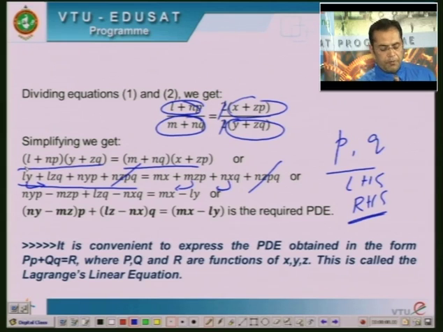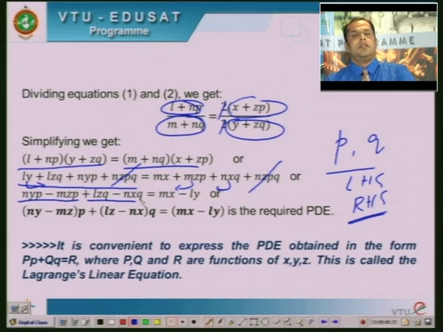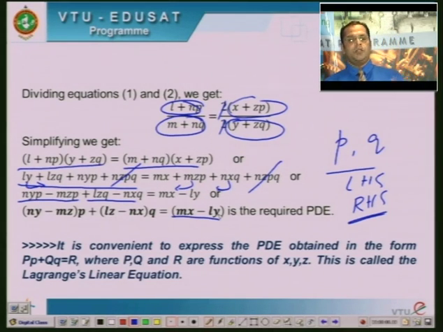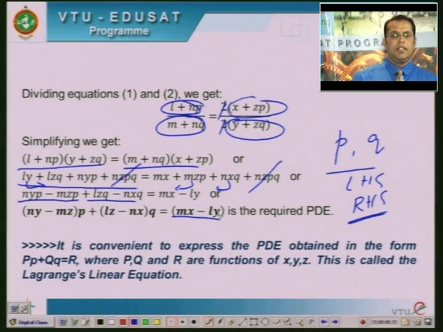Finally, these two terms have p common and these two terms have q common. So, you have (ny − mz)p + (lz − nx)q = mx − ly, which is the required PDE. Observe that this PDE contains only p and q and hence it is a PDE of order 1.